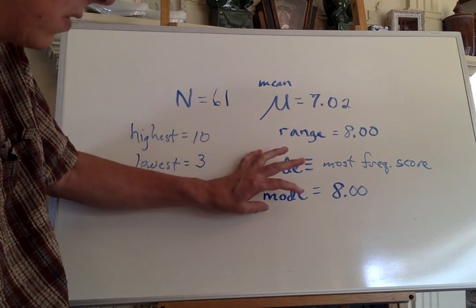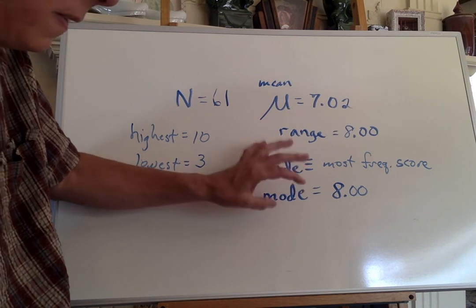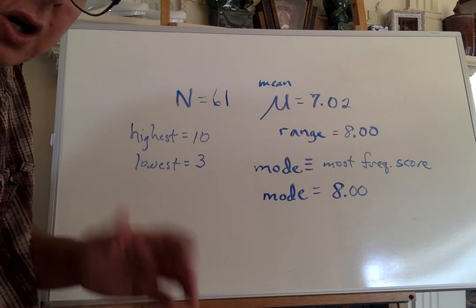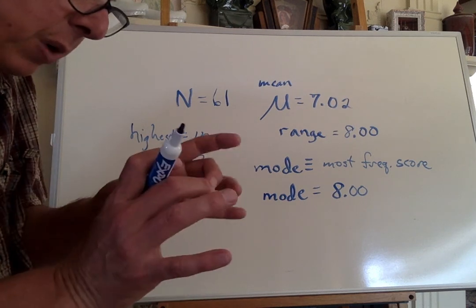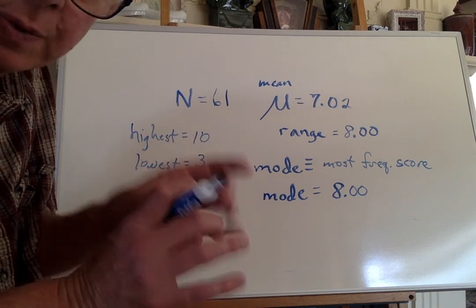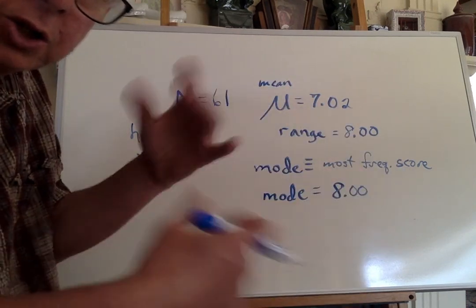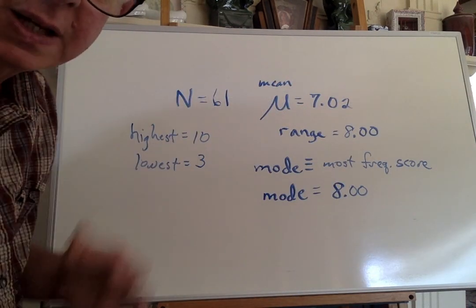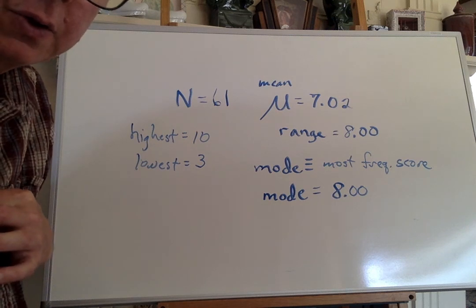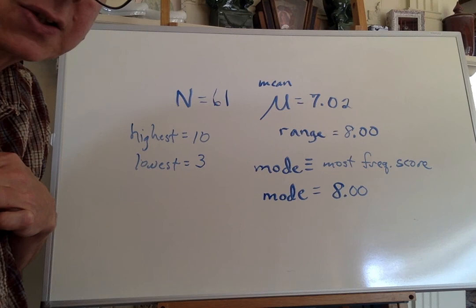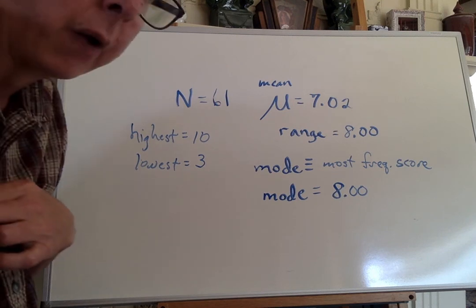Most frequent score. This is going to relate to probabilities, right? If we took all 61 scores, put them on little pieces of paper, folded them up, put them in a big box, shook up the box, and I pull out a piece of paper, what do you think the number is on this piece of paper? What would be your guess? And sometimes people are like, oh, I don't know.